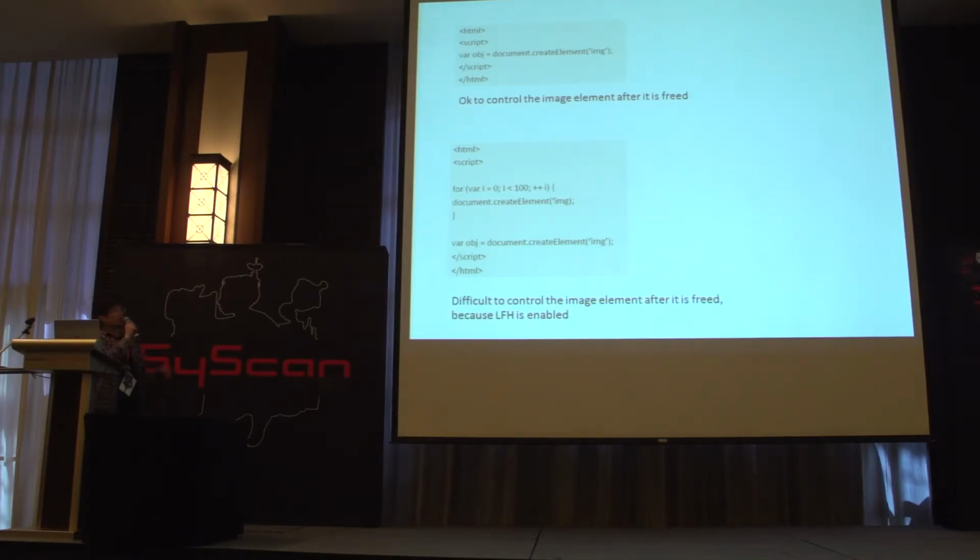And in the second one, the code will try to allocate 100 CImage elements first. So this is enough to trigger the LFH to be enabled. And when we allocate the next CImage element, it will be allocated in LFH. So it's very difficult for us to control its content using a different size object.